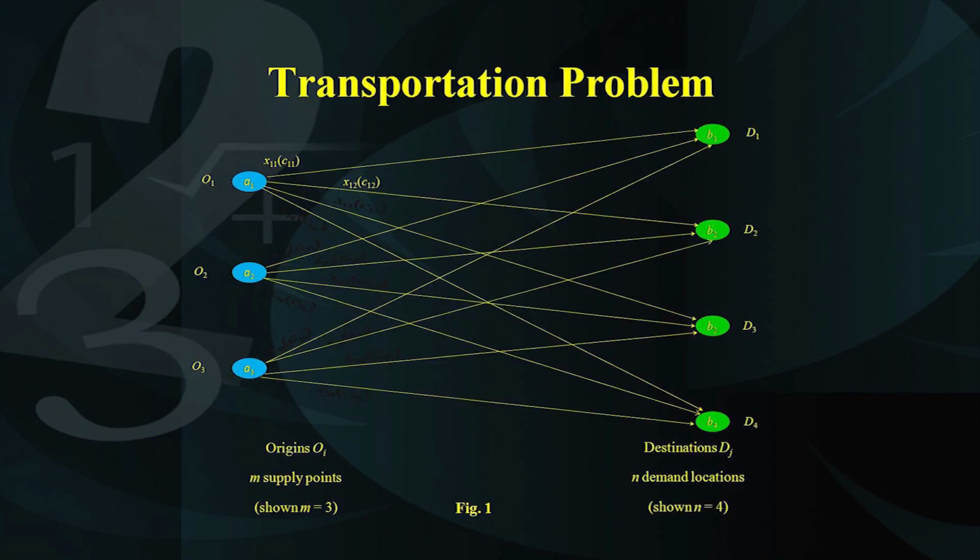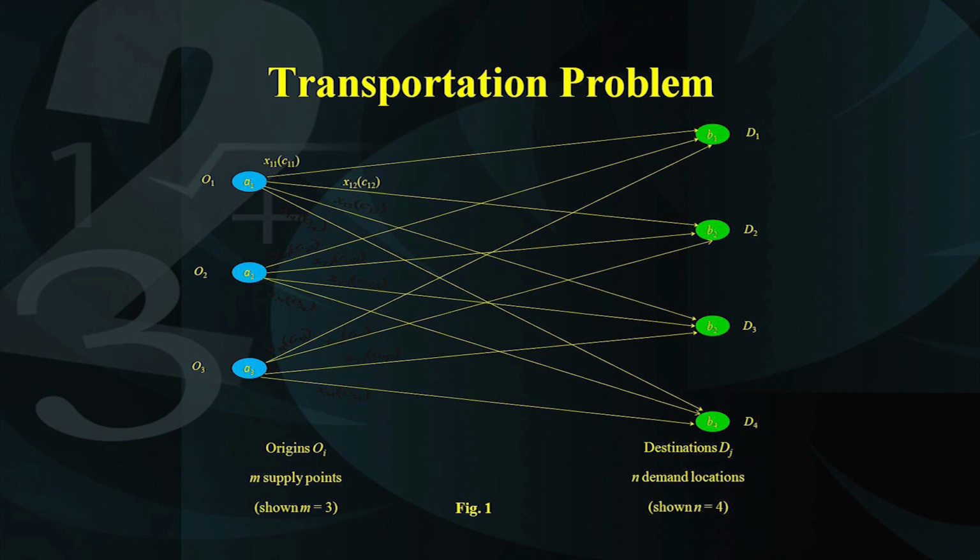Let us look at the first problem, which is the transportation problem. Suppose there is an example where a certain amount of goods have to be transported from a number of sources to a number of destinations. So, there are many sources, 1, 2, 3, 4, and similarly many destinations 1, 2, 3, 4.